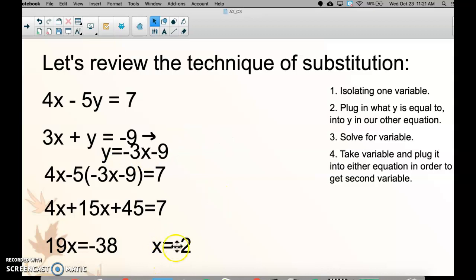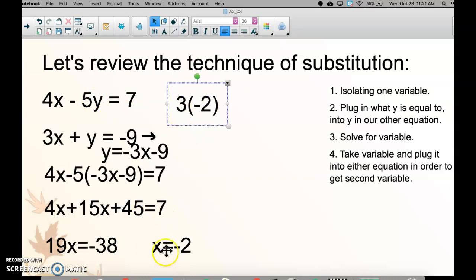What I'm going to do is take this and plug it into one of these. I like this one because there's no coefficient in front of y, but you could plug it into the other one and it works just as well. So if I go up here, I'm going to say 3 times negative 2, because I'm plugging my negative 2 in for my x, plus y equals negative 9.